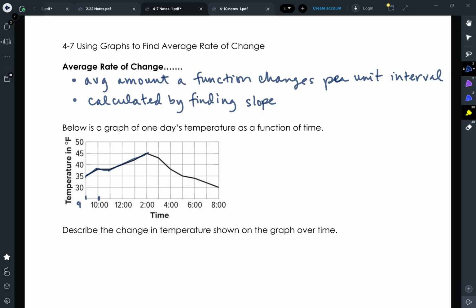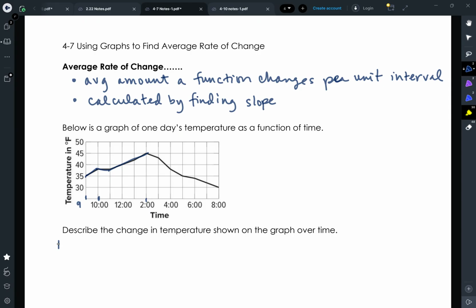So let's go ahead and talk about what's going on from 9 to 2. And there's lots of different things that you can say that are true, right? Like we could say exactly what I said. It's increasing from 9 to 10, stays the same from 10 to 11, increases again. You could say all of that.